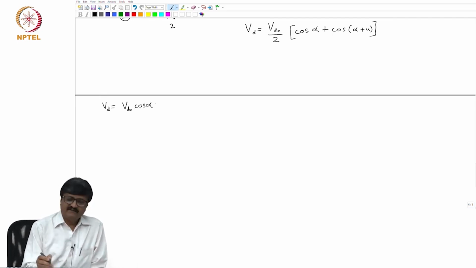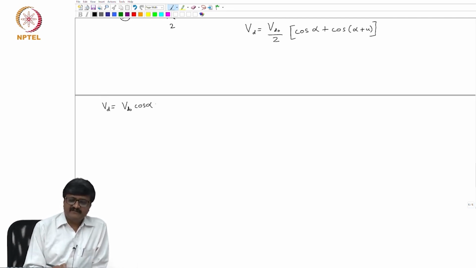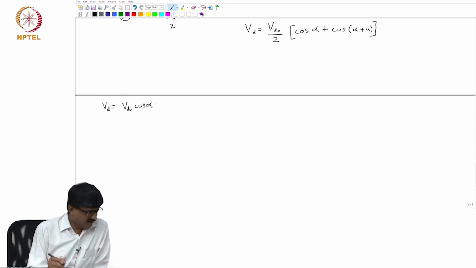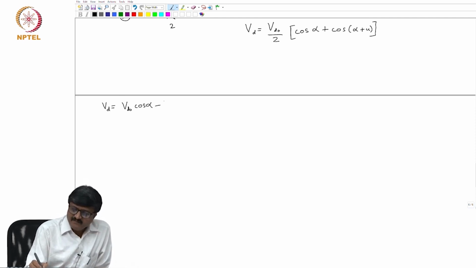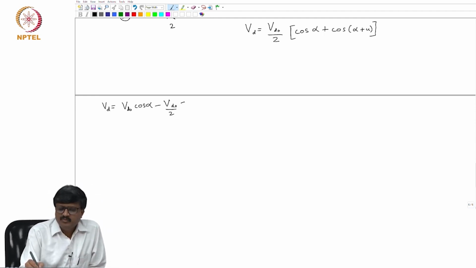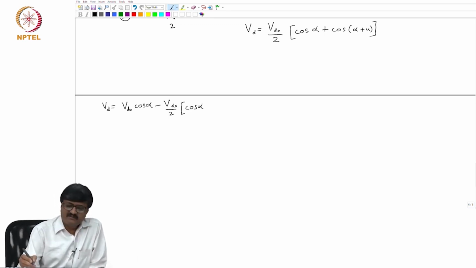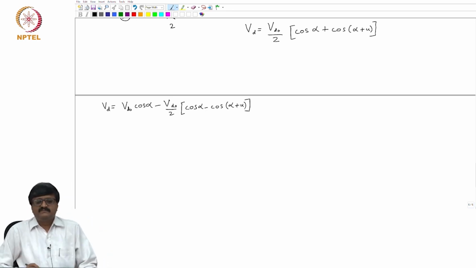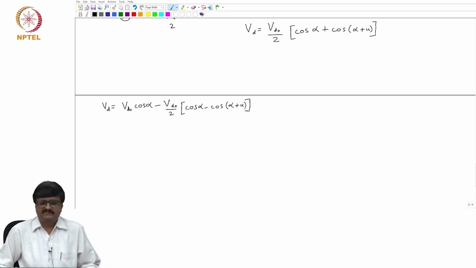Now, I can write with inductance or with non-zero u, Vd is Vdo cos alpha minus Vdo by 2 into cos alpha minus cos alpha plus u. Is that okay? This is same as the previous expression.